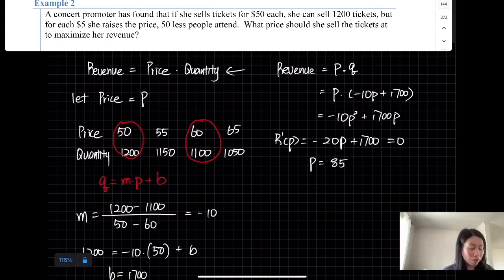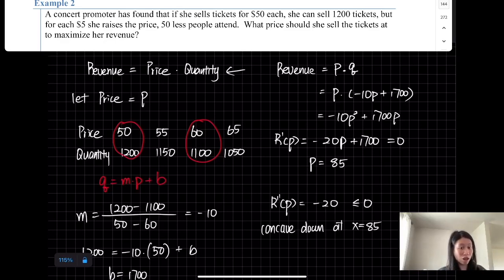We still use our second derivative to check the function, which gives you -20. So -20 is always less than 0, which means the function is concave down at p equals 85.